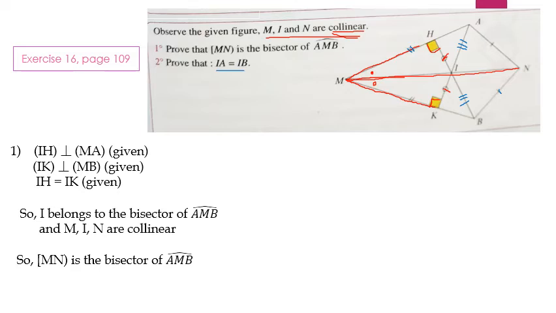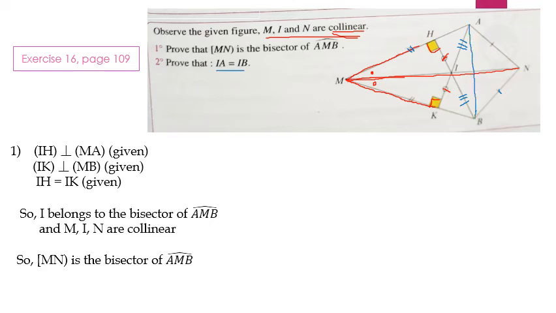As we said before, a point is equidistant if it belongs to the bisector, but they didn't tell me here it's a right angle. So let's think about perpendicular bisector. Can we prove that here MN is the perpendicular bisector of AB? I want to prove that IA equals to IB.